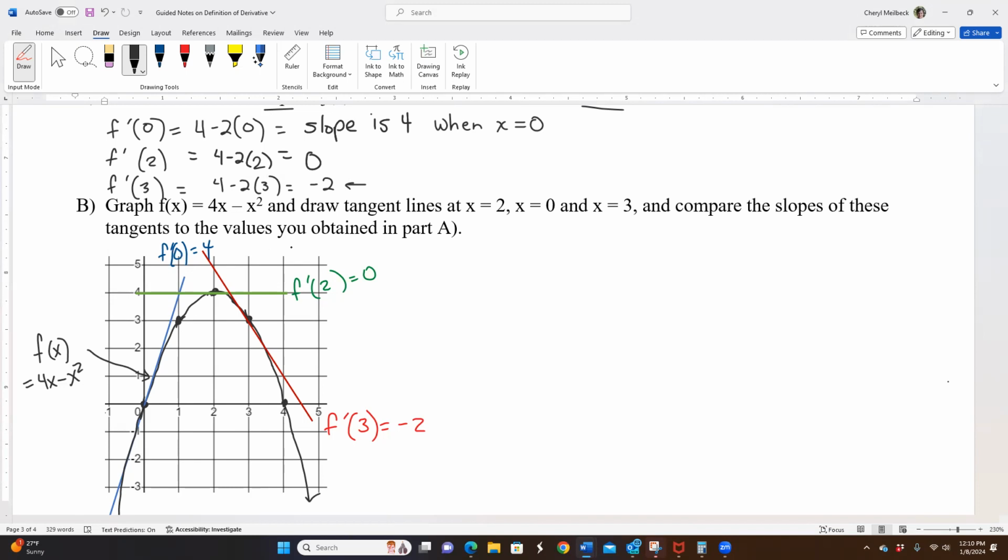Then f prime of 2 would be the function value at 2 and its slope, and we have a horizontal line, so that indeed has a slope of 0. And then at 3, we found the derivative to be negative 2, which, well, pretty close, would be the slope of the tangent line at the point 3.